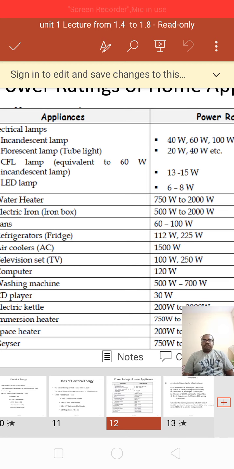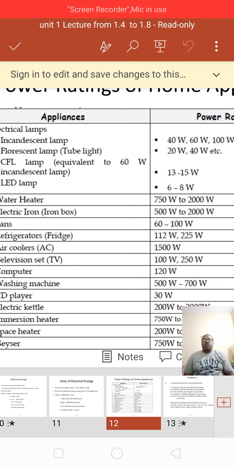Next, electric fan takes a power of 60 to 100 watts. Refrigerator or fridge has 112 watts or 225 watts.